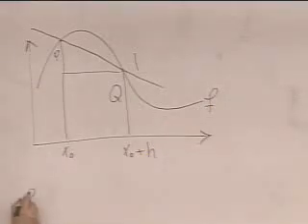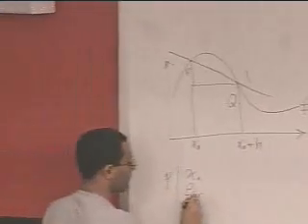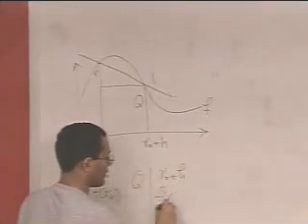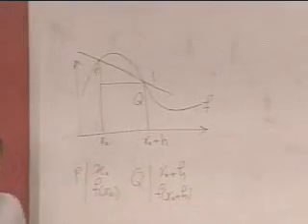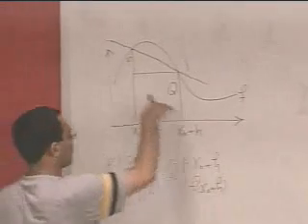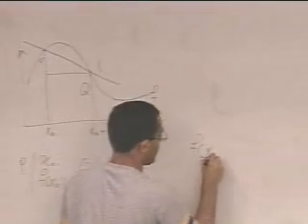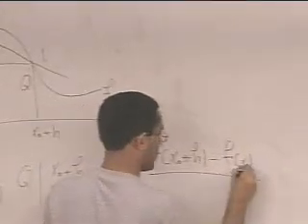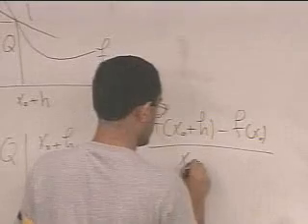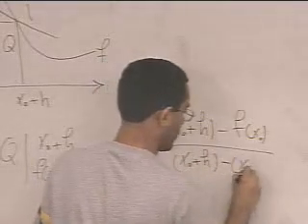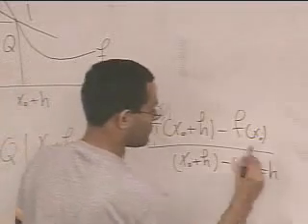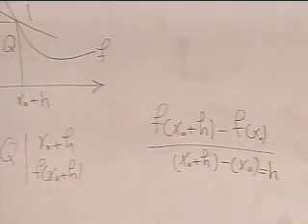Our line is passing through the points x0, f of x0, and x0 plus h, f of x0 plus h. So the slope would be nothing more than f of x0 plus h minus f of x0, divided by x0 plus h minus x0. This is what we did just 10 minutes ago when we were writing equations. You can simplify the denominator to h, and this would be the slope of this line.